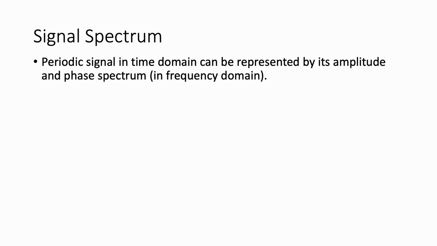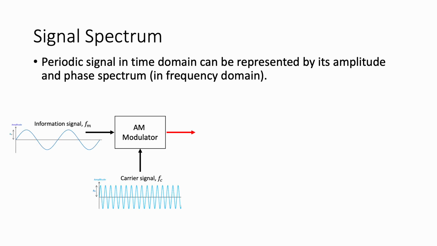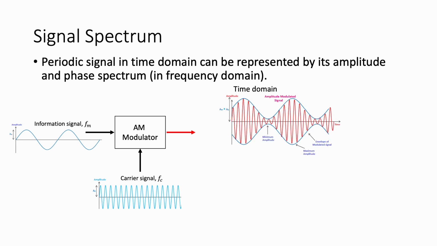Now let's look at what the signal spectrum is. A signal spectrum is a periodic signal in the time domain that can be represented by its amplitude and phase spectrum, and usually it is seen in the frequency domain. This is what we call a signal spectrum, which you will go through in your basic lab later.